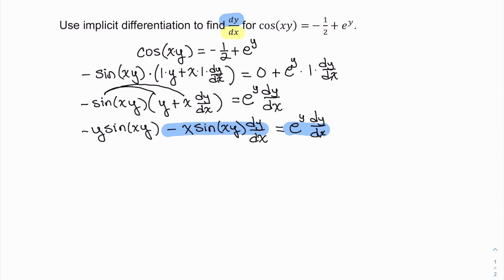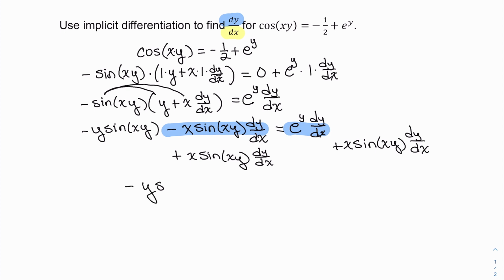So we are going to add this x sine of xy dy/dx to both sides. So I have negative y sine of xy is equal to e to the y dy/dx plus x sine of xy dy/dx.